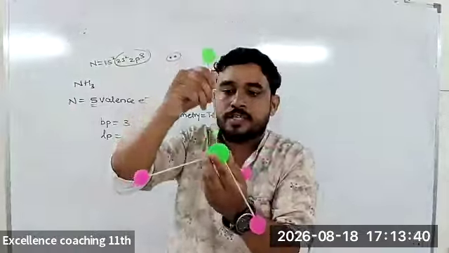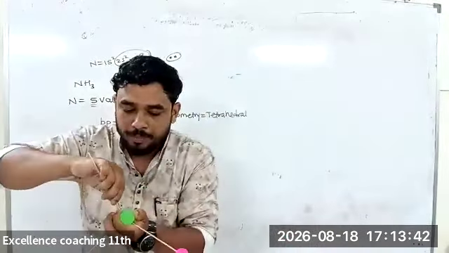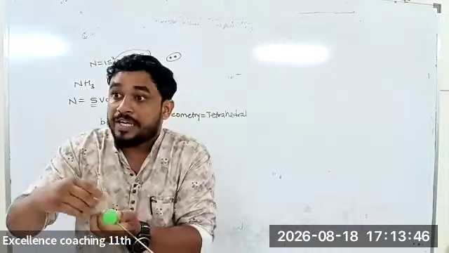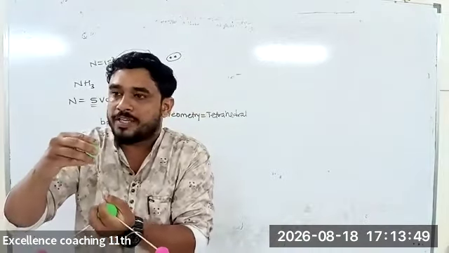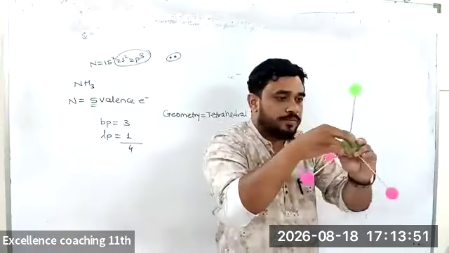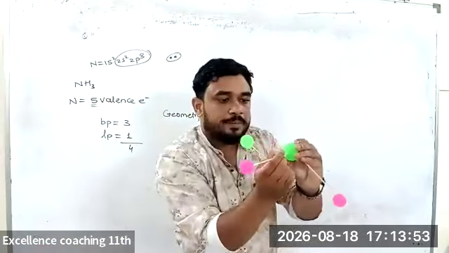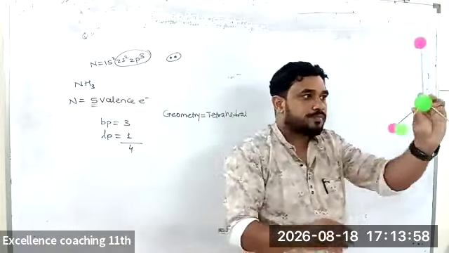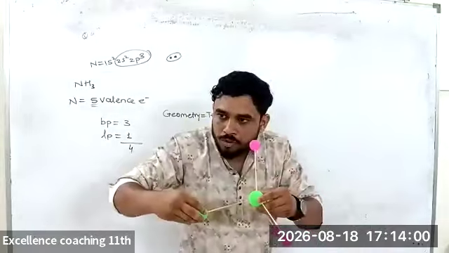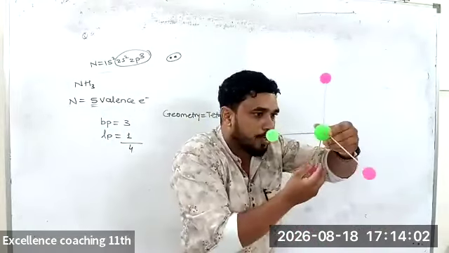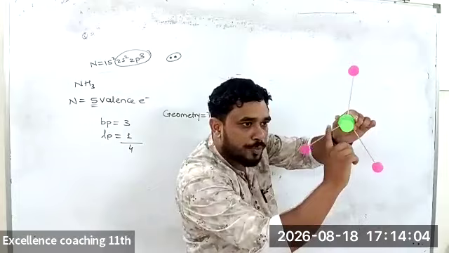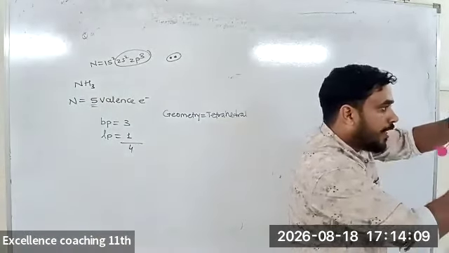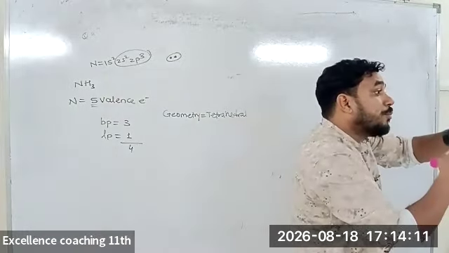Now we have to place this lone pair in such a way that there is minimum repulsion. If I keep it like this in a tetrahedron, this is my lone pair, and these are bond pairs. So there will be repulsion between bond pair and lone pair, and also between bond pair and bond pair.